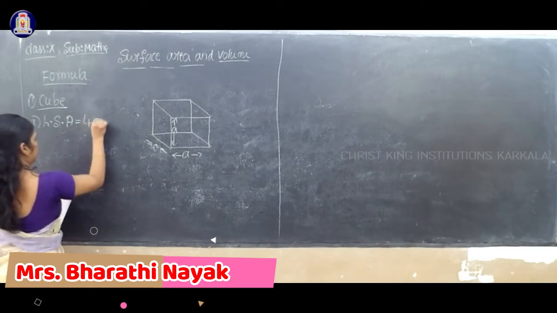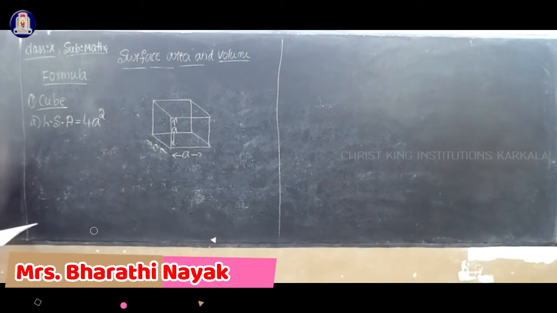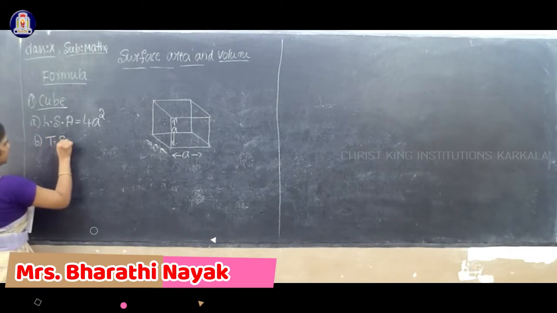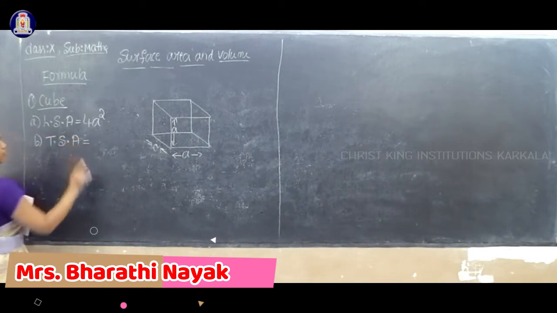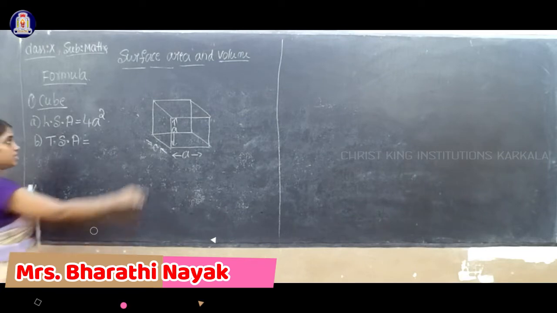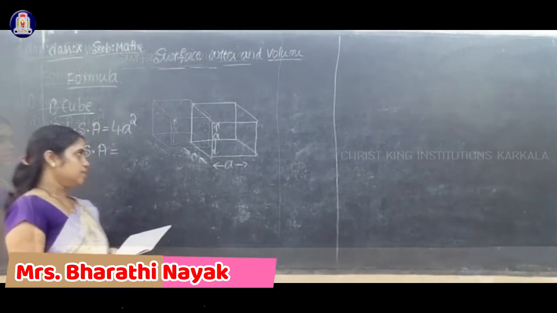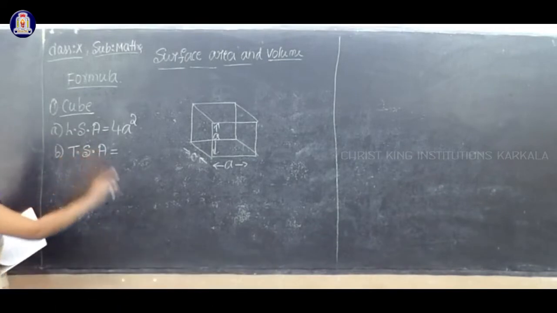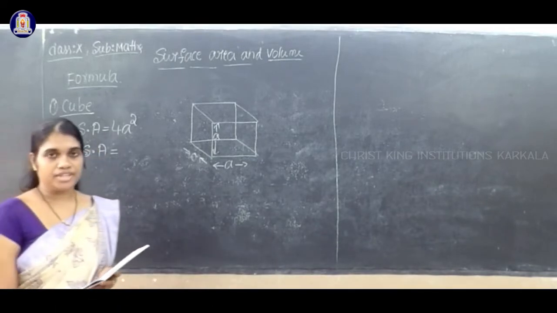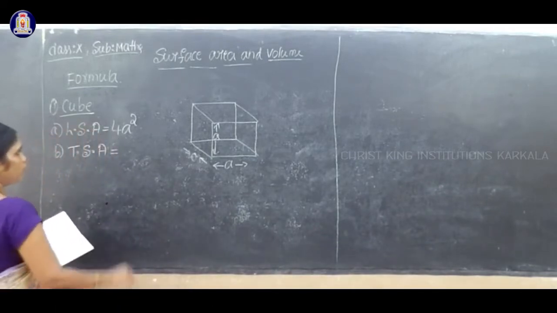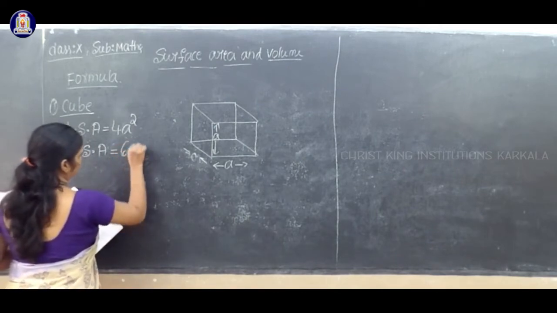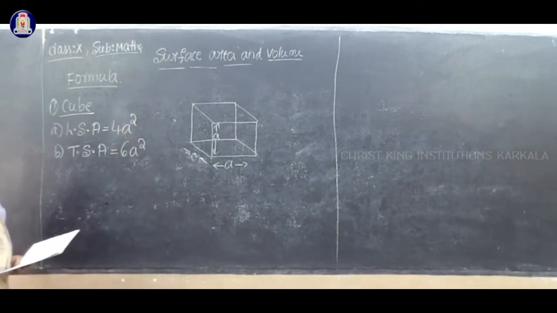Next, second one, TSA. TSA means total surface area. What is the formula? Total surface area is given by 6a square.